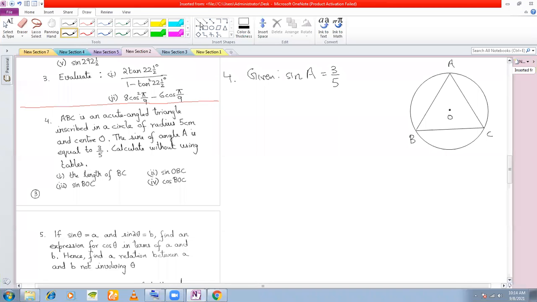Okay, so O is the center of this. O is called the circumcenter of this triangle. Okay, so what you do is you join, okay, radius is 5 centimeter, so that means all this is 5 centimeter.